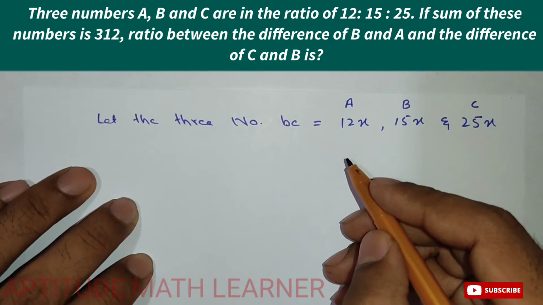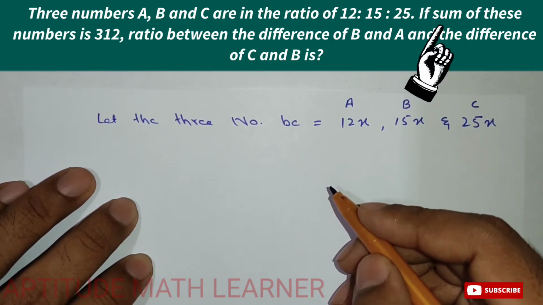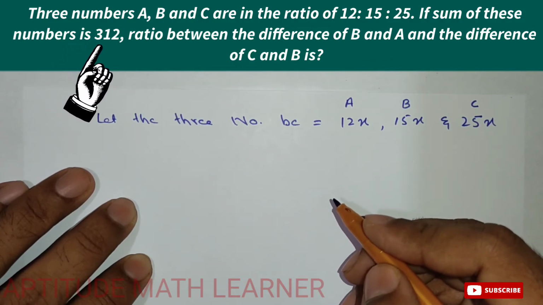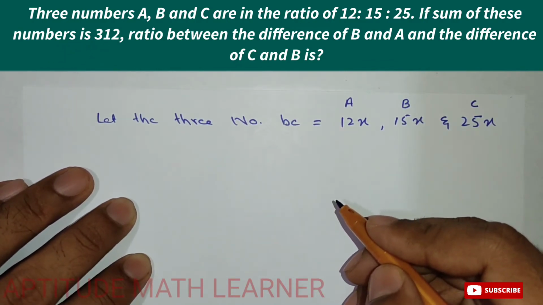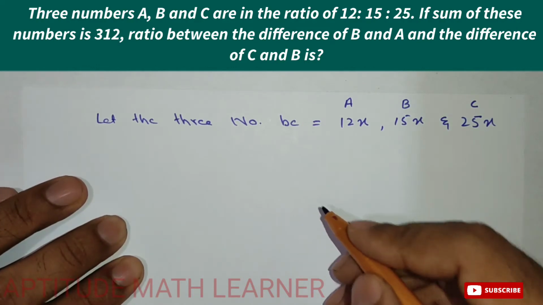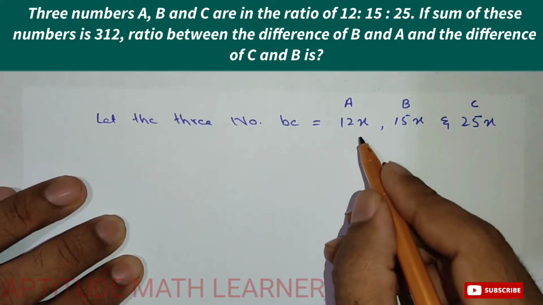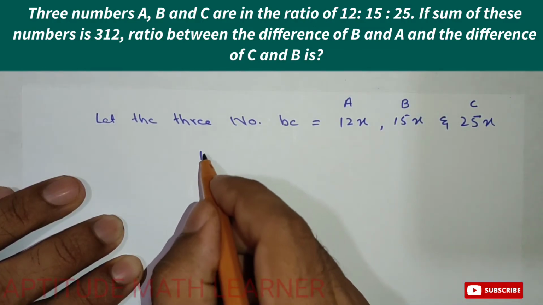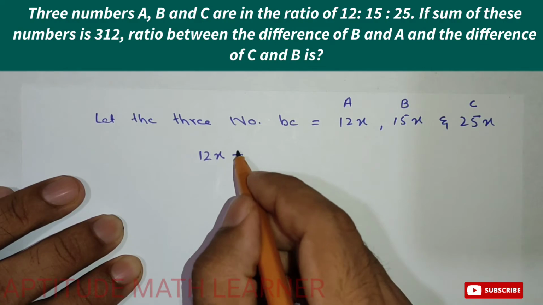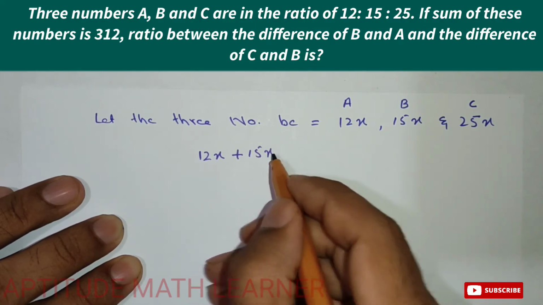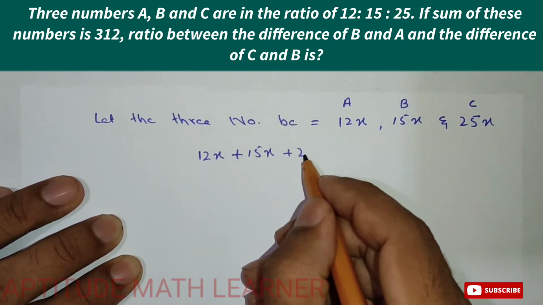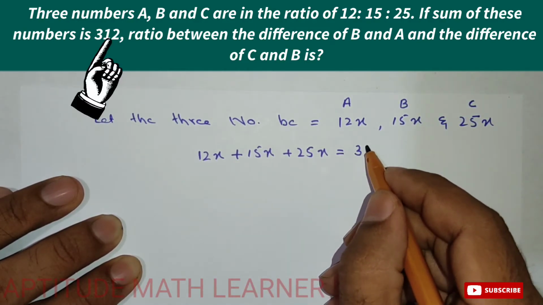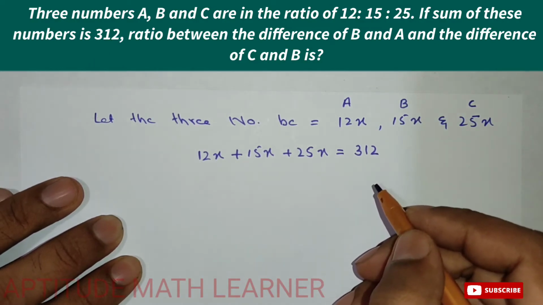So in the question it says that the sum of these three numbers is 312, so the first thing we have to do is find the sum of these numbers. Here the numbers we are having are 12, 15 and 25, so 12x plus 15x plus 25x becomes 312.